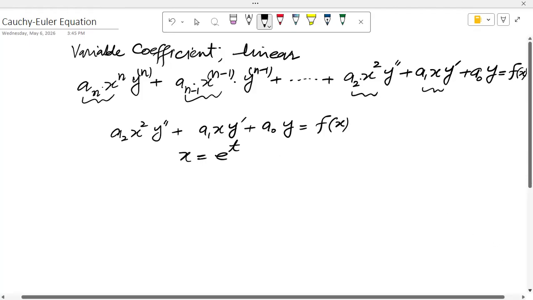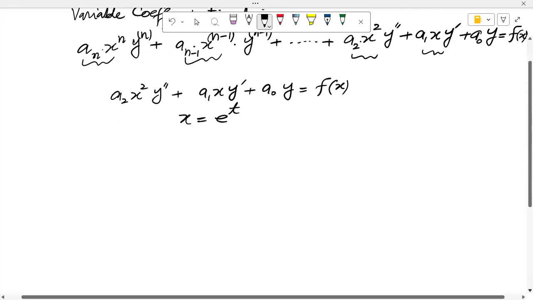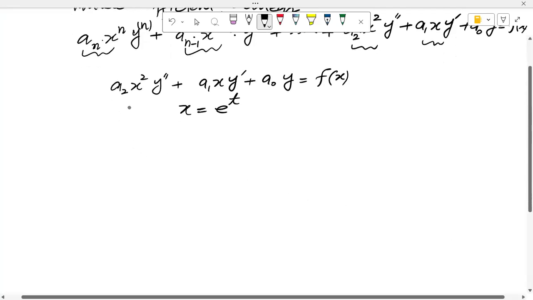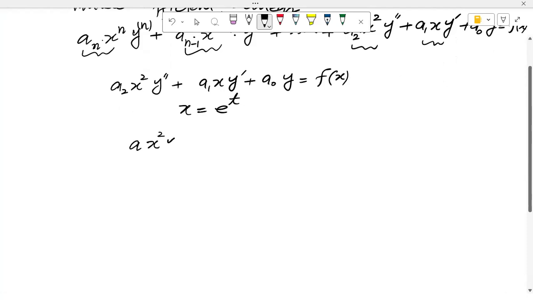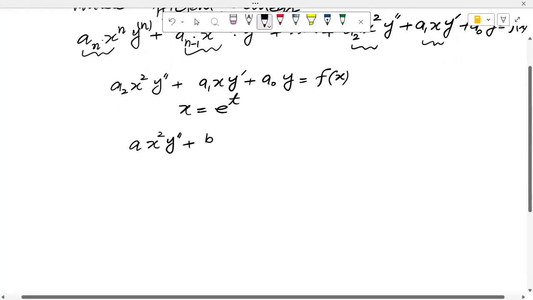To proceed further, let's simplify the constants. I choose a x squared y double prime plus b x y prime plus c y, preferring capital constants a, b, c, and it is equal to f of x.